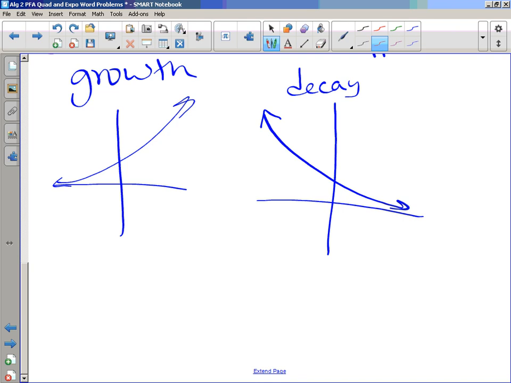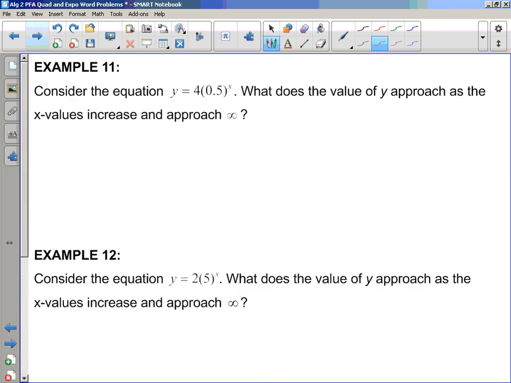So my end behavior: as I go to the right side of the graph, for growth, it approaches infinity. The left side of the graph approaches 0. For decay, the right side of the graph approaches 0. The left side of the graph approaches infinity. So if I just draw a little generic picture, that might help me answer these questions.